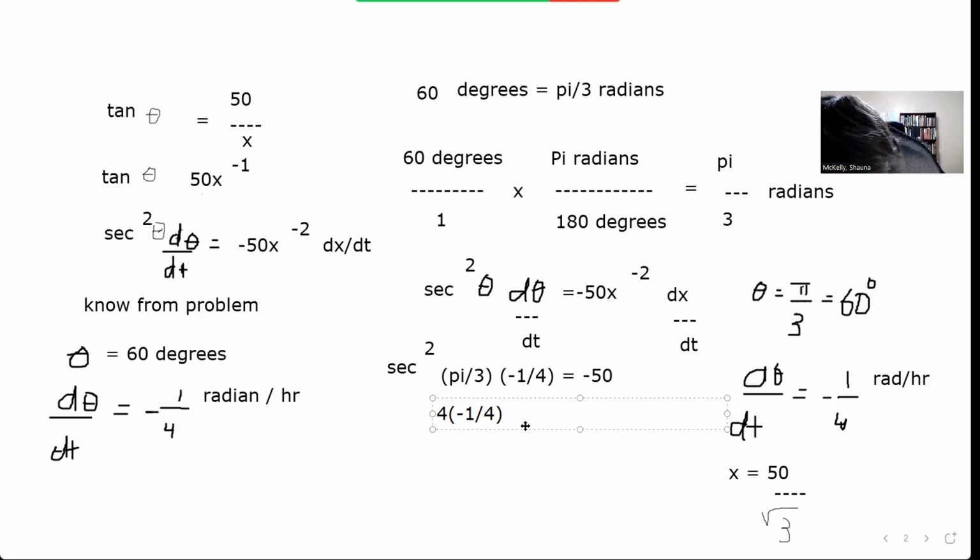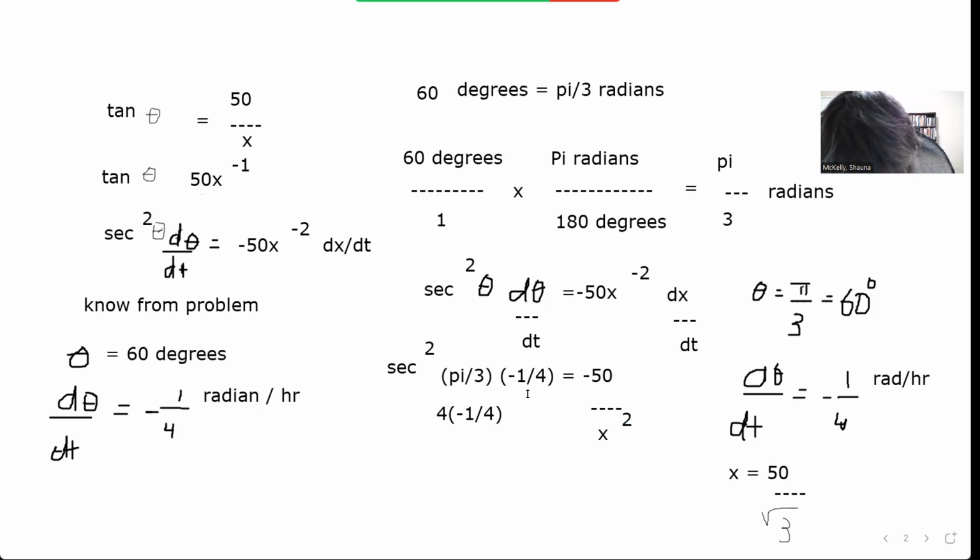And I forgot some parts to the equation here. This is over x squared.